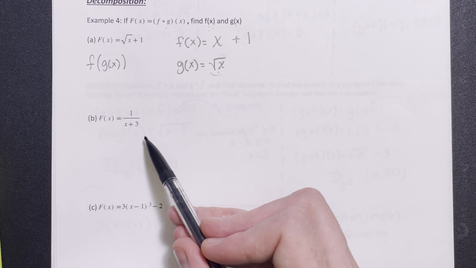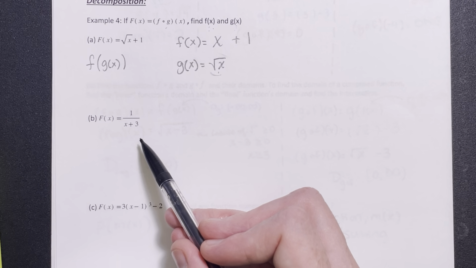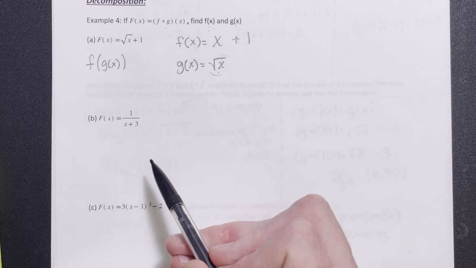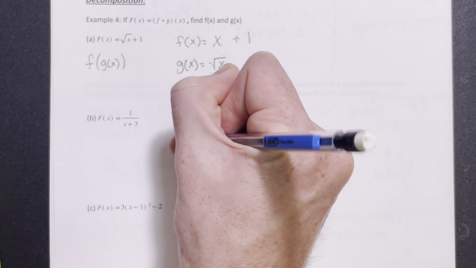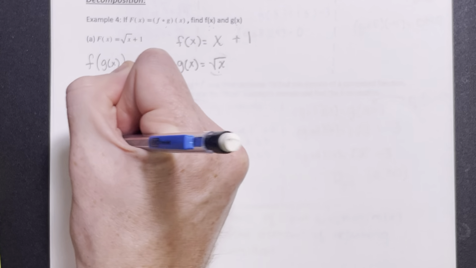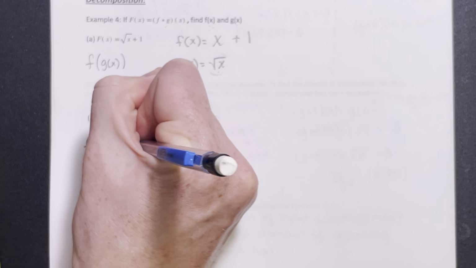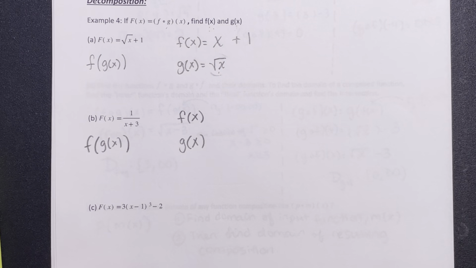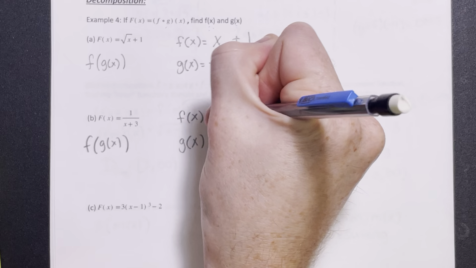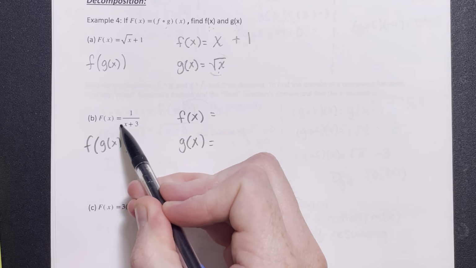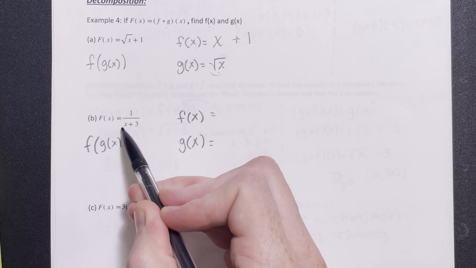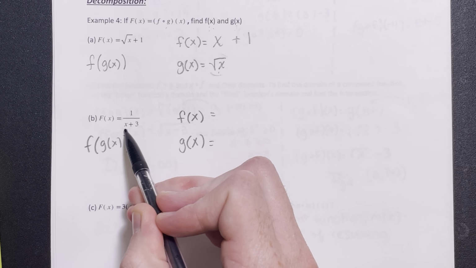In this second example, we have capital F of x is 1 over x plus 3. We're still doing the same order of composition. It's still f of g of x. So I'm going to start with whatever that input function is, g of x, and I'll look at where x is in the original function.